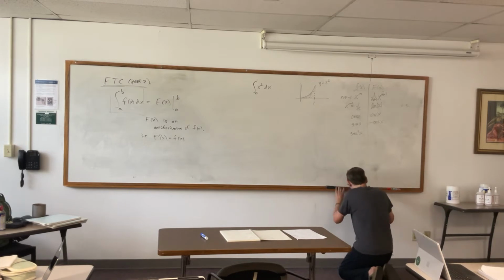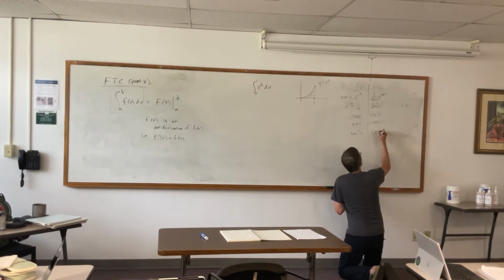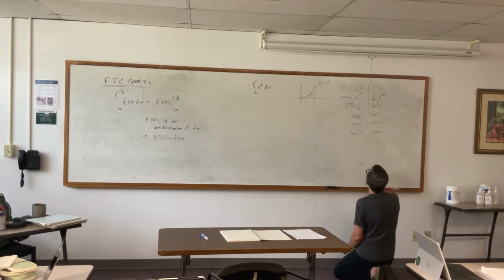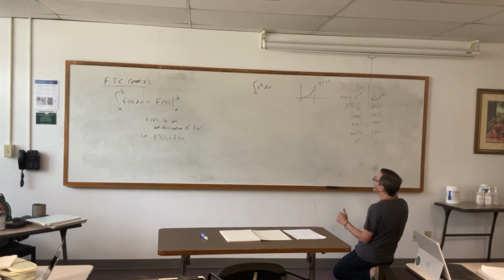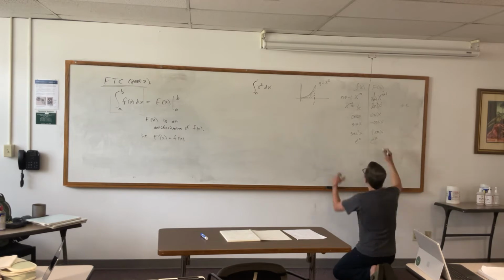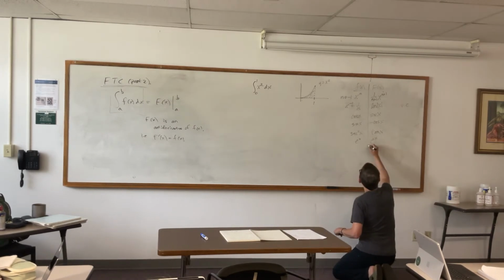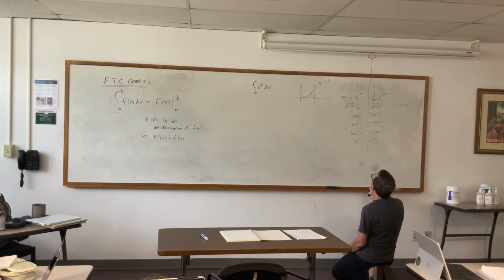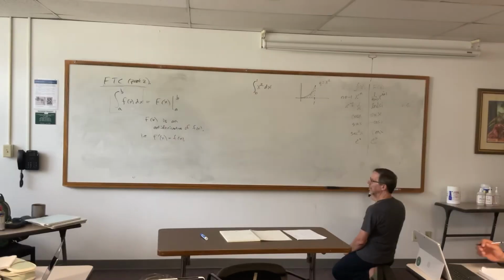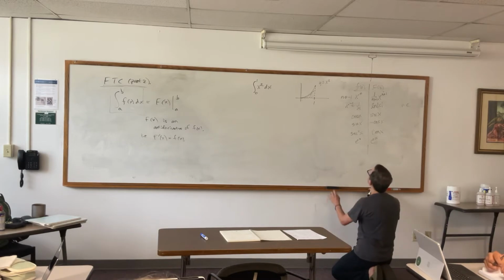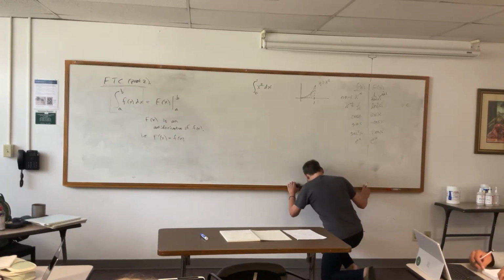And e to the x, it's just e to the x, the best one in the world. It doesn't change on integration or differentiation. That's plenty. We can do a lot with that. So let's leave that up.